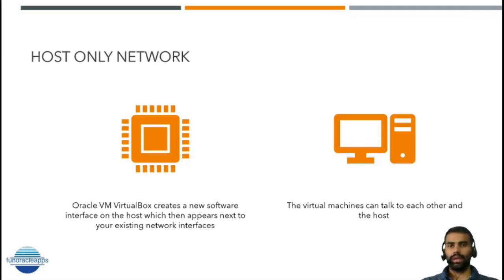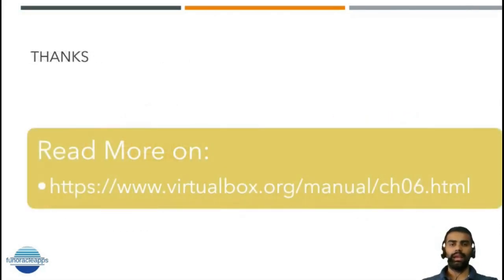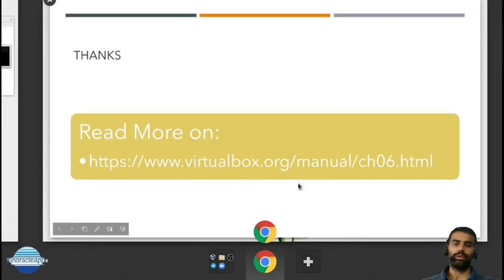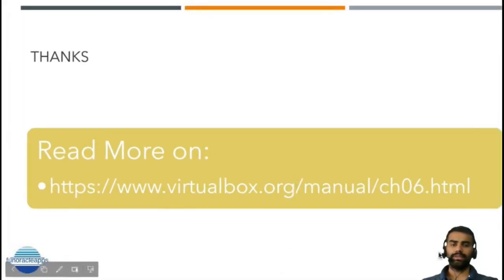Okay, so now I am going to show you how I use them and how we have to configure them easily and quickly. If you want to read more about the other adapters that are available, you can go and read on virtualbox.org. So let's go and see how we configure them.